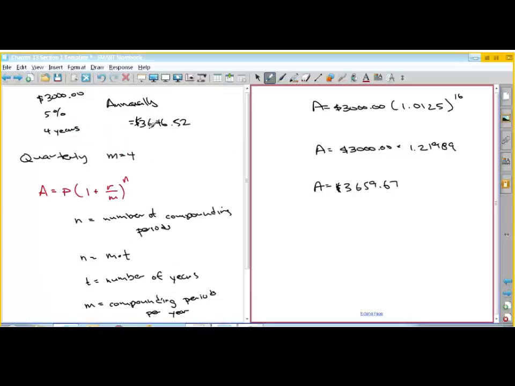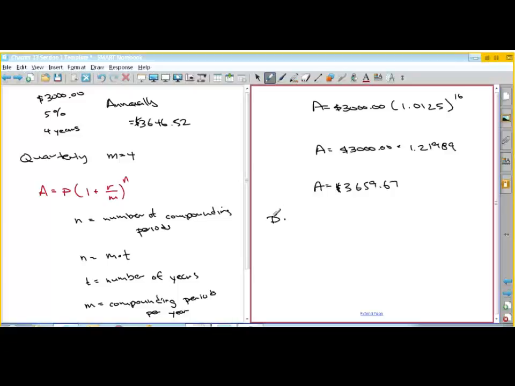So let's compare that with when we do compounding annually, you get $3,646.52. So you're making about $13 more in 4 years by compounding it quarterly. So we're making progress here. But every time you compound more frequently, the return or the benefit kind of diminishes.